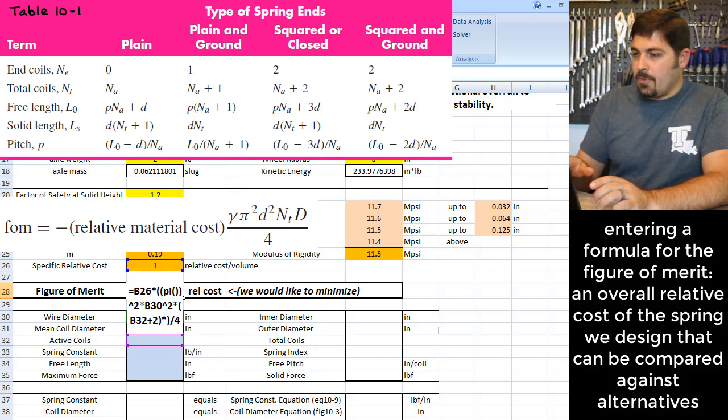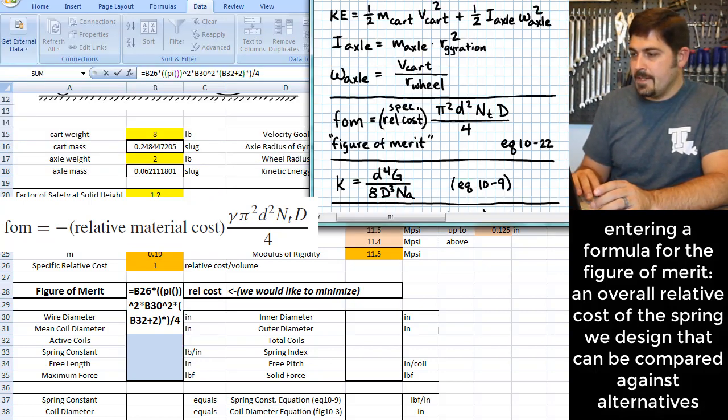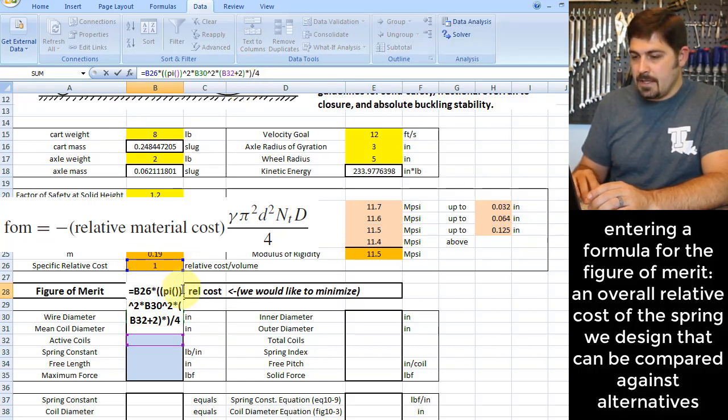So now what we want to do is take this and multiply it by D, which is right here, the mean coil diameter. That makes it a little bit hard for me to find, but I'll get it by doing that. I believe that should be my entire equation in that cell.